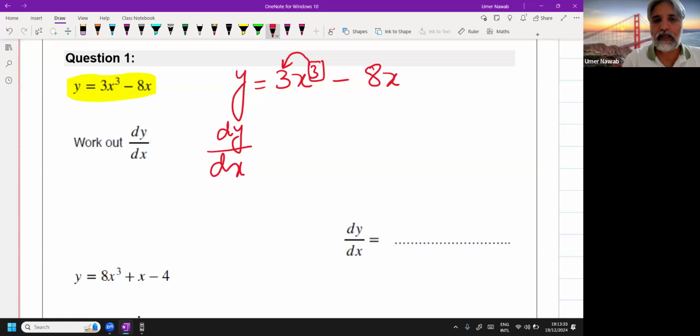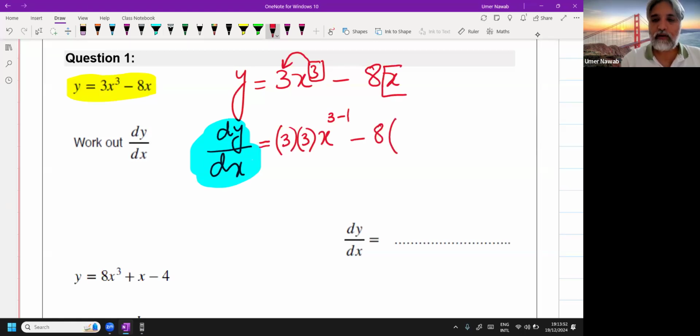This is called the derivative of y with respect to x, dy by dx, or derived function. And this process is called differentiation. So 3 multiplies with 3, and from the power you take off 1. Minus 8, the derivative of x is always 1. So 9x squared minus 8 is the final answer.